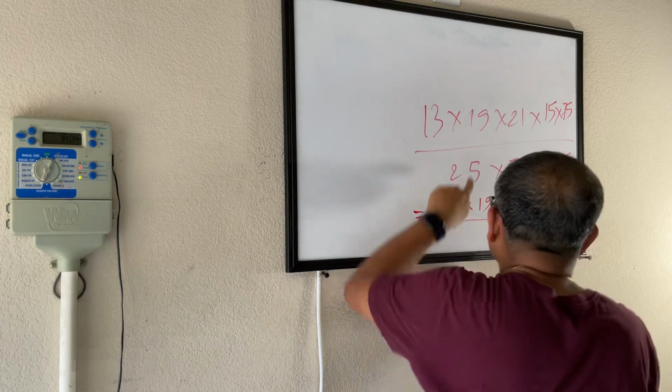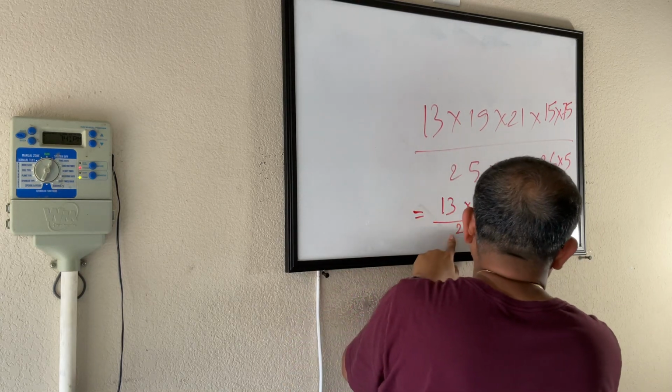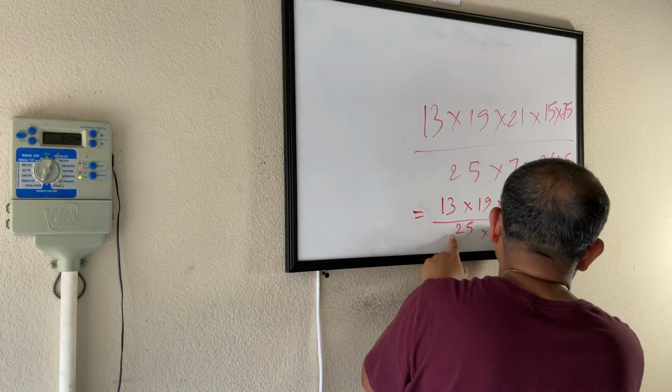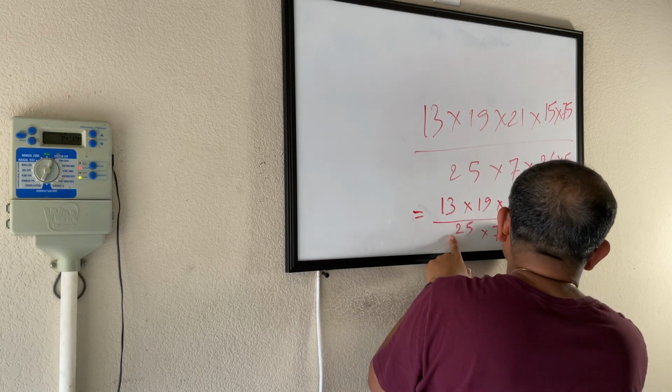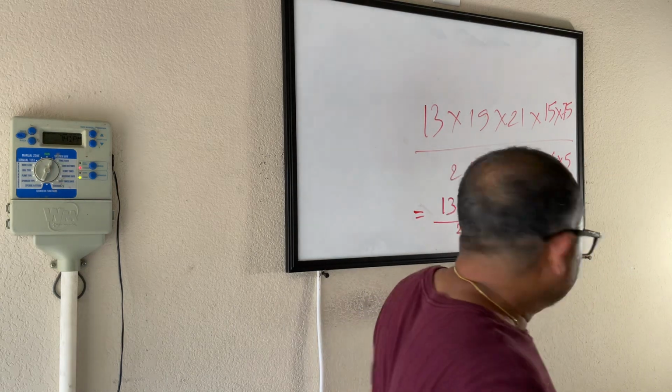And then I have 25 here, so I'll keep 25 in place. 7, anyway the prime number, I'll keep it like that. 26 is 13 into 2. And 5 is 5. Now let's play.